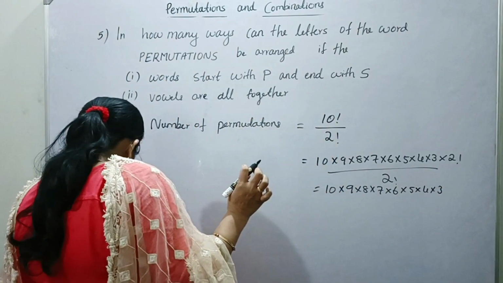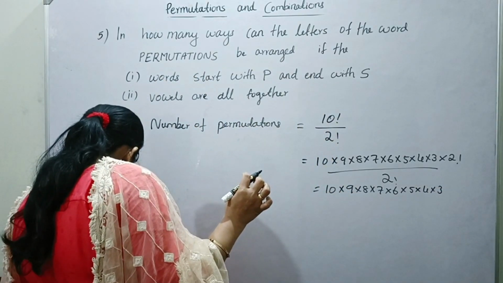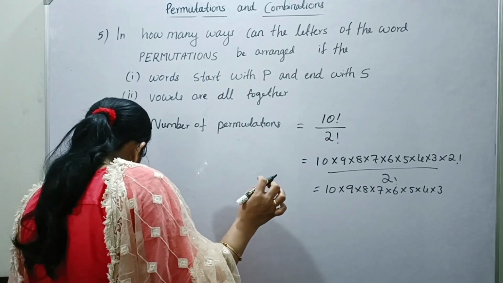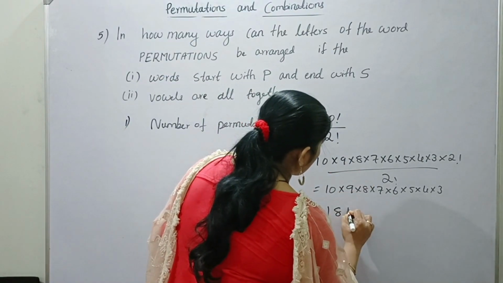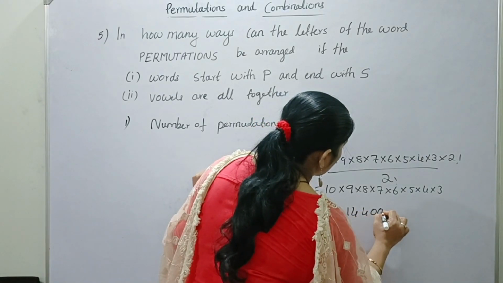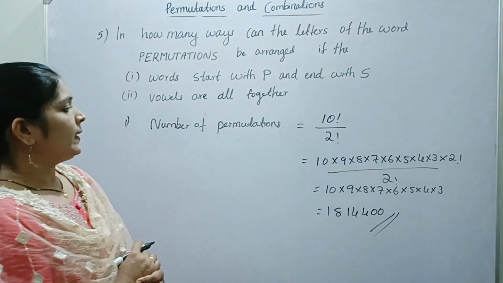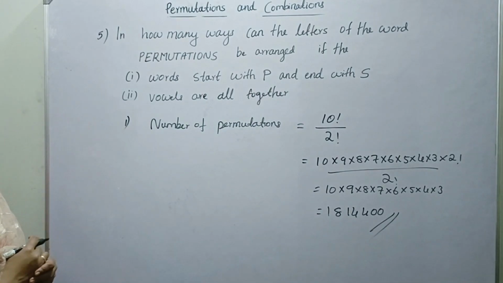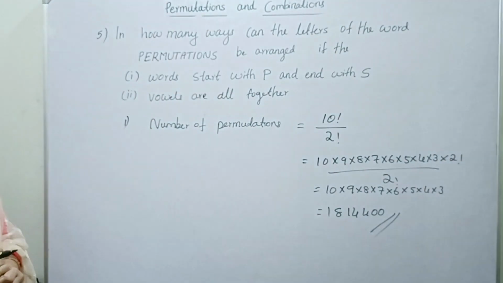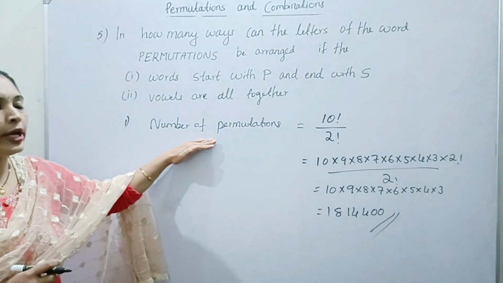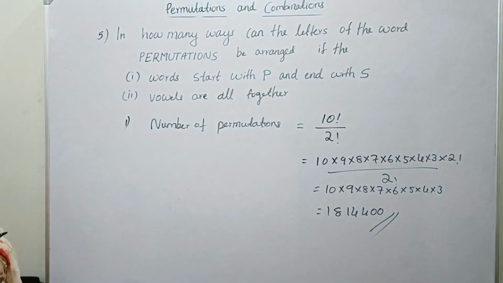After multiplying you will get 18,14,400. Okay, so next one. I hope you understood this. Let us go through the next one.